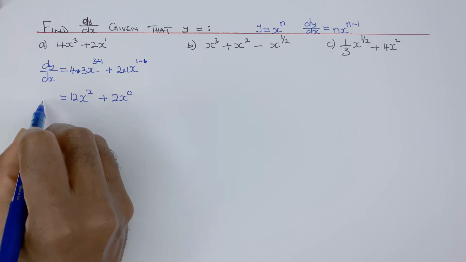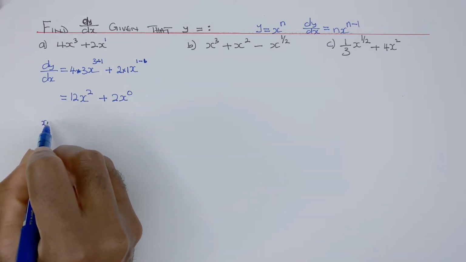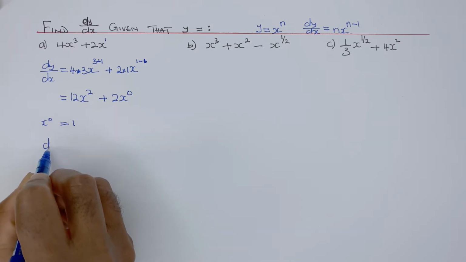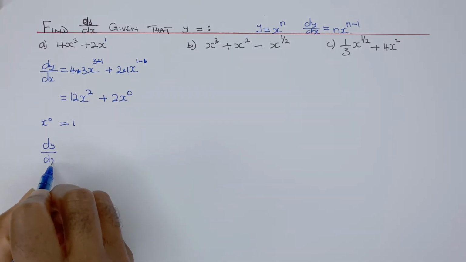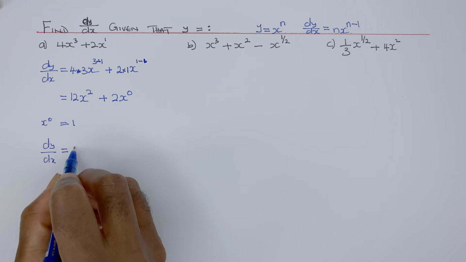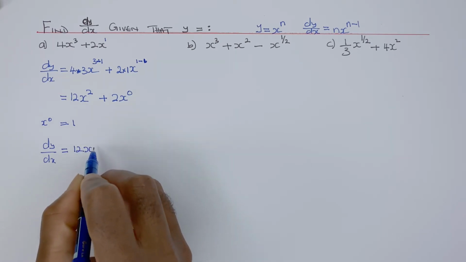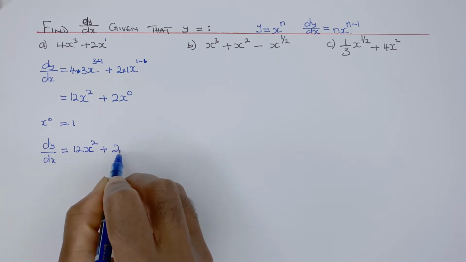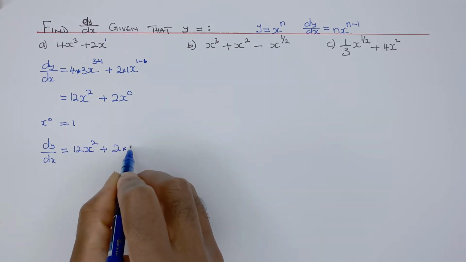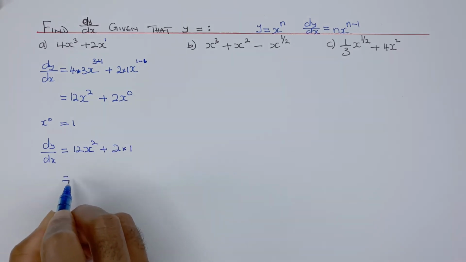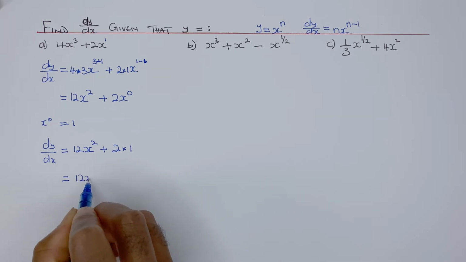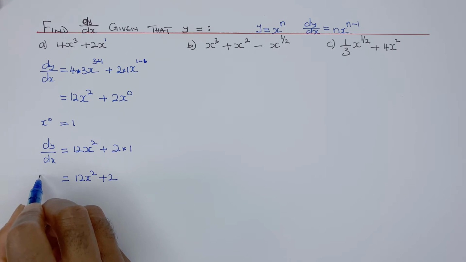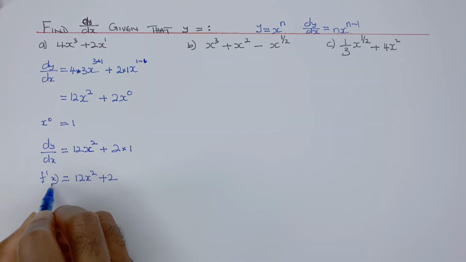Well, we know that anything to the power 0 is 1. Therefore, dy/dx equals 12x squared plus 2 times 1, and that equals 12x squared plus 2. So that's f dash x.